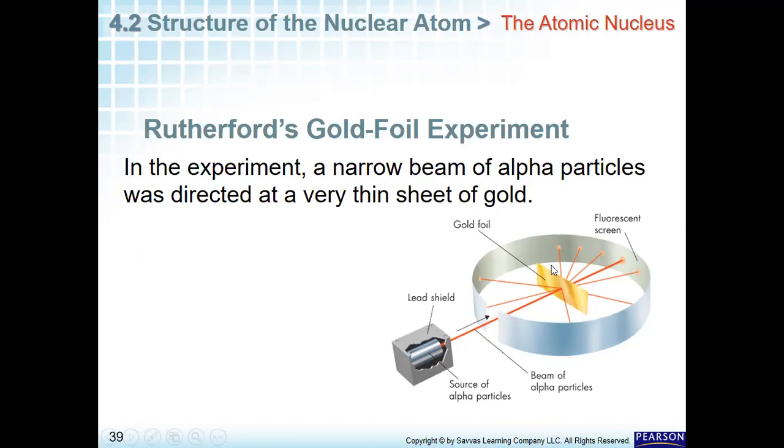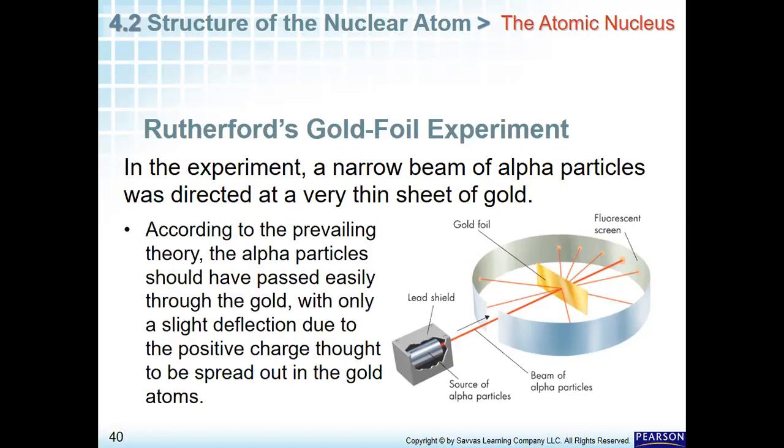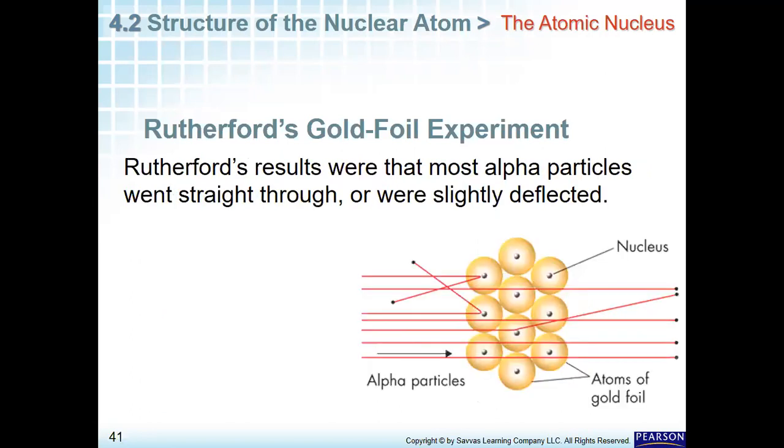So they concluded that the atom wasn't uniform, solid, and lumpy as Mr. Thomson said, and that was the wrong model. The evidence showed there is a lot of space inside the atom.